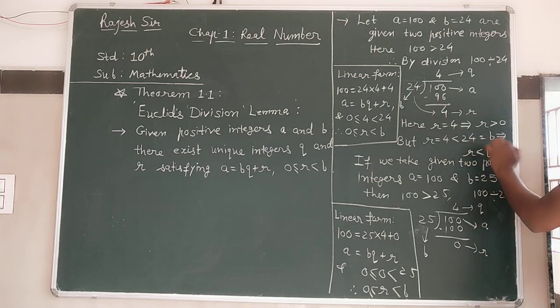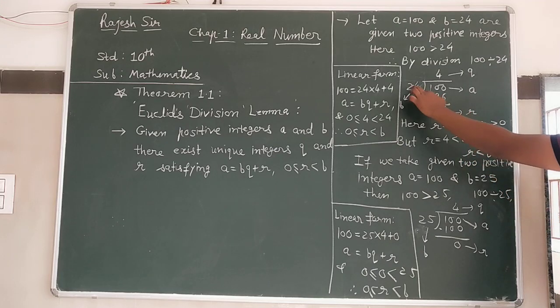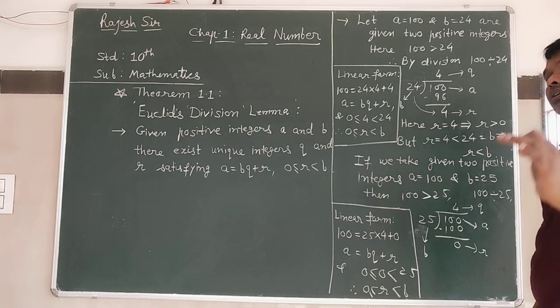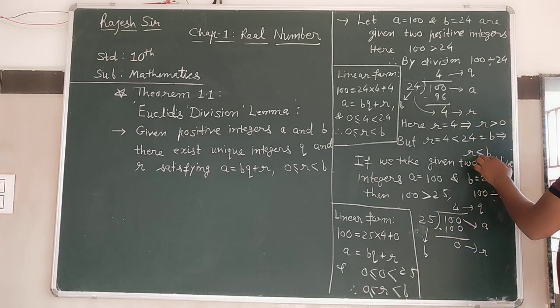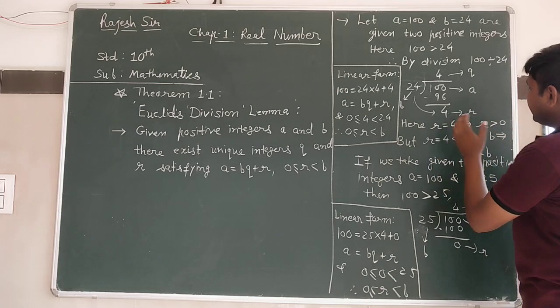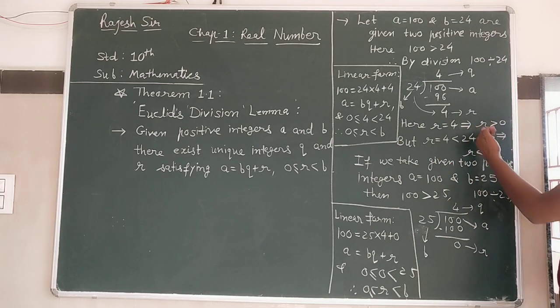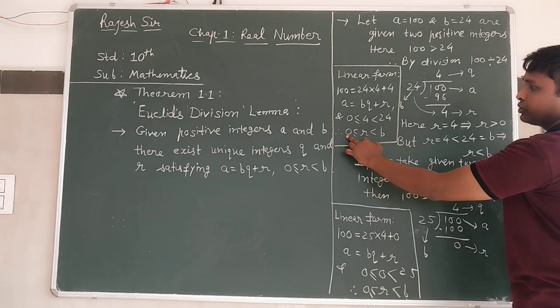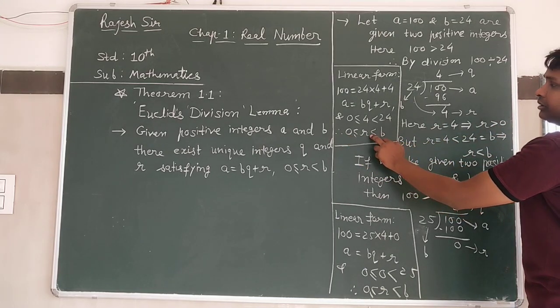So 4 is less than 24, where 24 equals b. So the relation between r and b is that r is always less than b, meaning the remainder is always less than the divisor. So r is less than b and r is greater than 0. We can combine both: r will always be greater than or equal to 0, but always less than b.